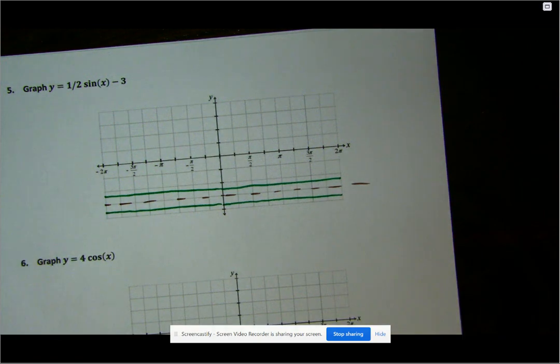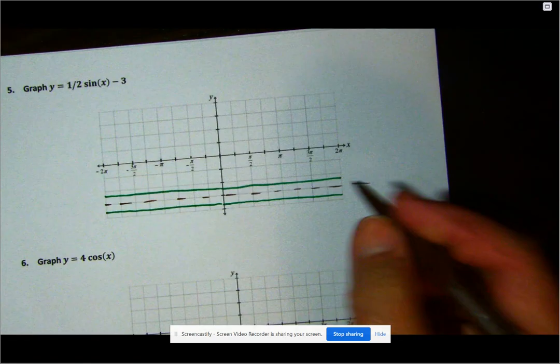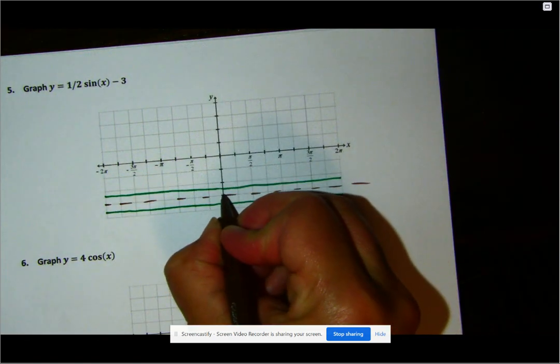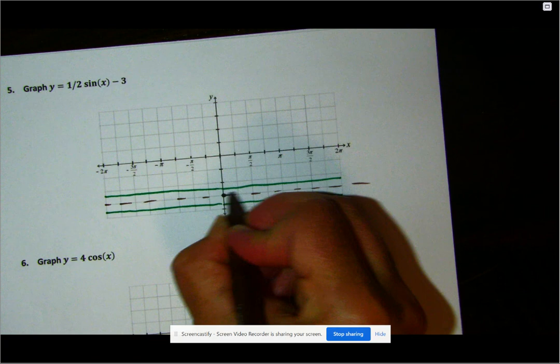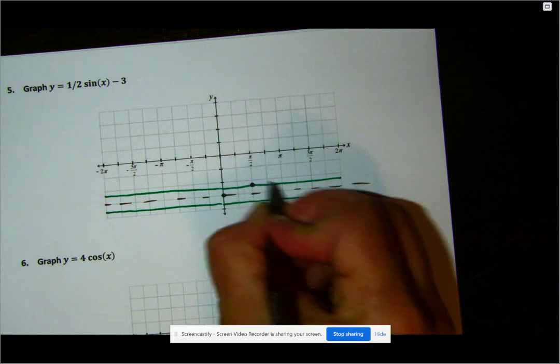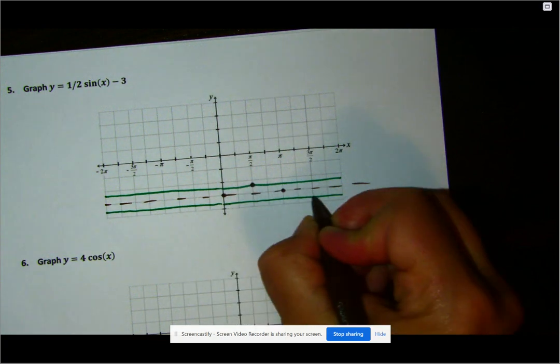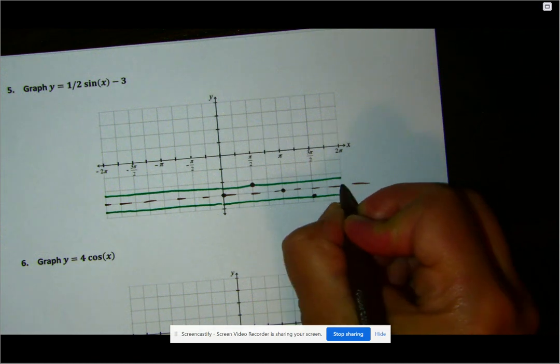Okay, no shift left, right, or no frequency change. So sine is a little bit easier for me. So sine starts here. Then at pi halves, we're up there at the maximum. Then at pi, we're back at 0. 3 pi halves, we're down here at the minimum. Then back here at 0.